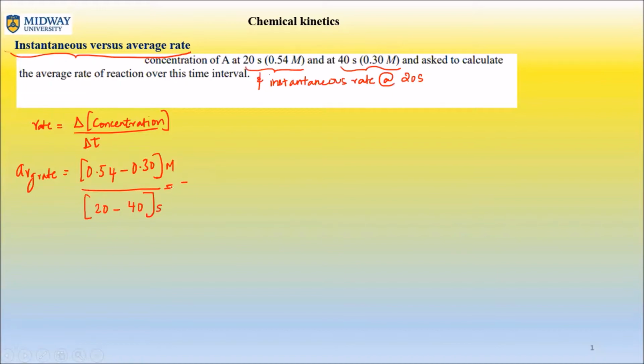Keep in mind, units are very, very important in any branch of science. It doesn't have to be chemistry, just any area. So we got 0.24 divided by, I've already taken the negative out of here, so it'll be 20. So it'll be divided by 20, so this is the rate, 0.012 molar per second.